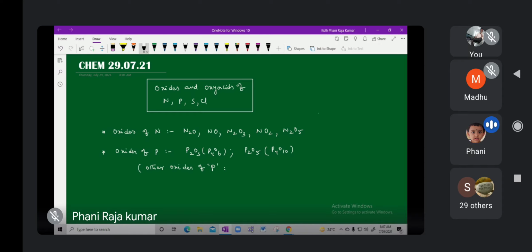In addition to trioxide and pentoxide, phosphorus forms some different oxides also. One is P4O7, P4O8, P4O9. But the major ones are the first two.